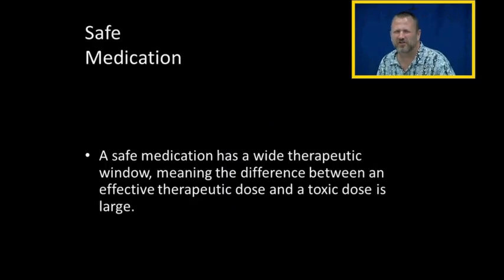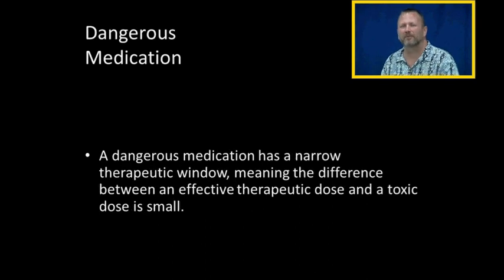So a safe medication has a wide therapeutic window, meaning the difference between an effective therapeutic dose and a toxic dose is very large, meaning that we can achieve maximum therapeutic effect from the medication with no toxicity. Dangerous medications have a narrow therapeutic window, meaning the difference between an effective therapeutic dose and a toxic dose is small.